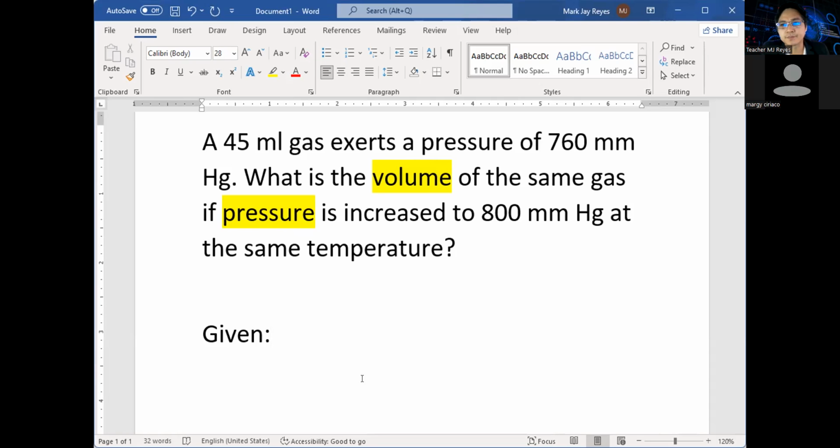What gas law? Margie and Dimitri, the question is asking about volume and pressure. So what law corresponds to that question?